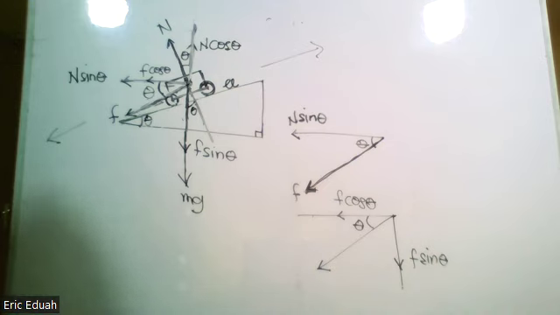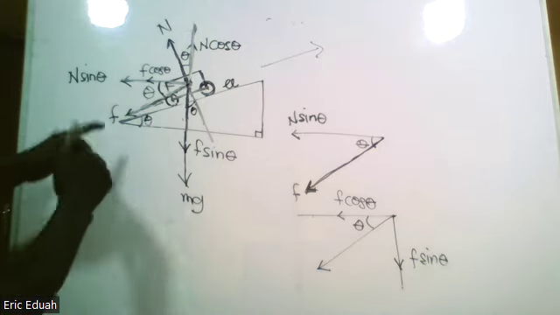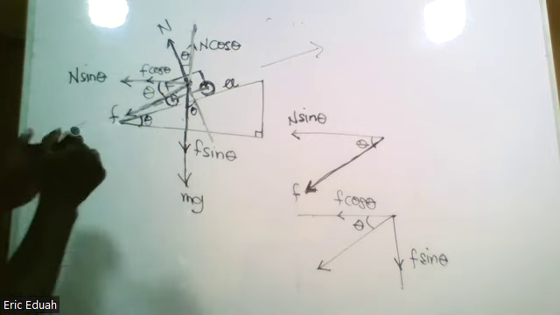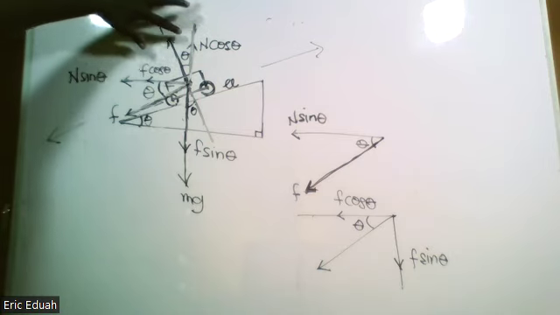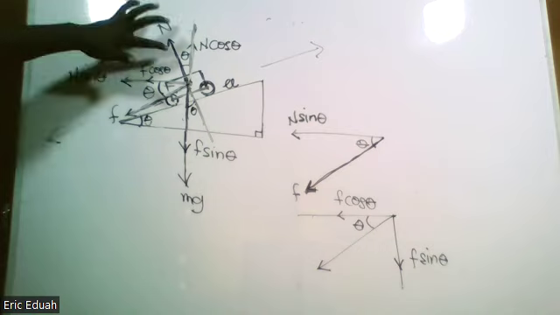Does it mean N sin theta is the same as F cos theta? No, it's not the same. The N sin theta is coming in because of the fact that the road is banked. So because it is banked, we have the vertical component of the normal reaction, N cos theta.